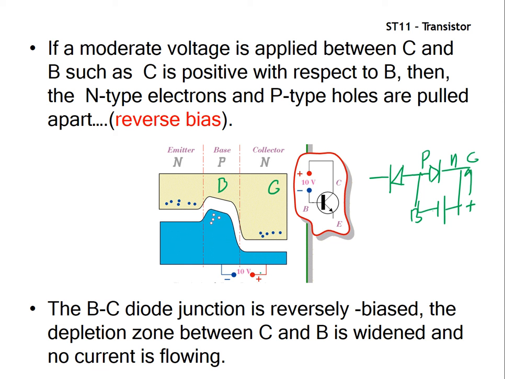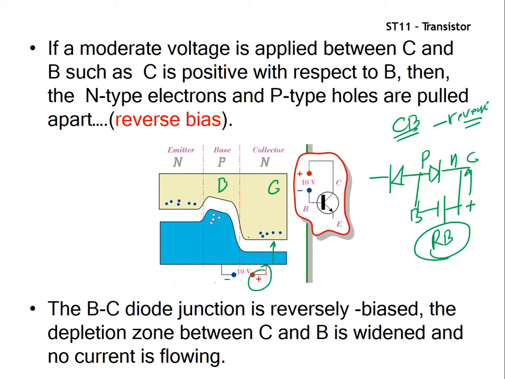So what will happen? The positive terminal will attract the electrons. So first, when we make this configuration, we are going into reverse biased operation. We are making the collector-base junction reverse biased.